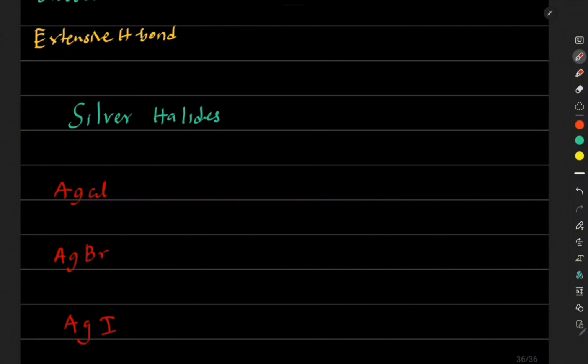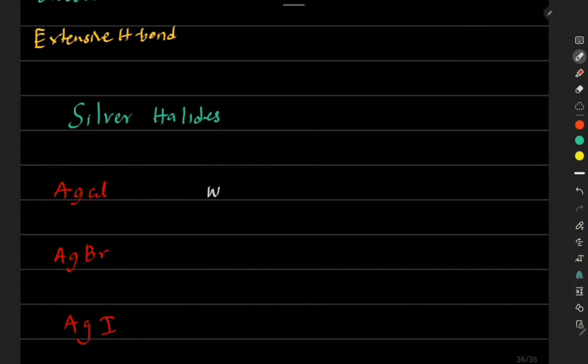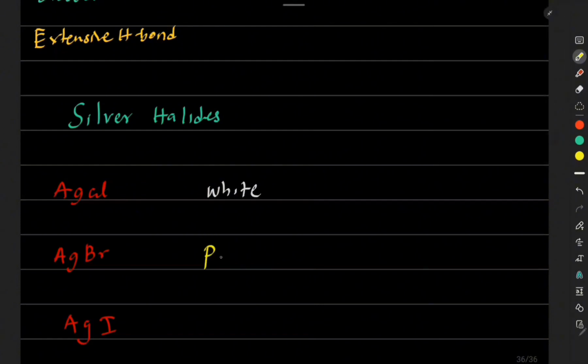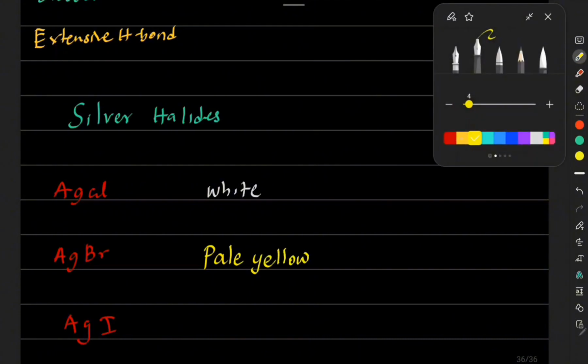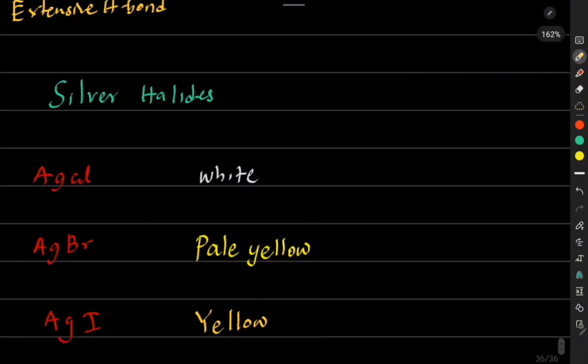Let's look at the color. AgCl is white, AgBr is pale yellow, and AgI is yellow. When going down the group, the color darkens.